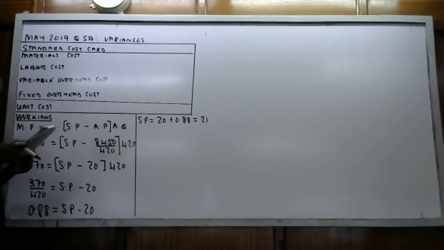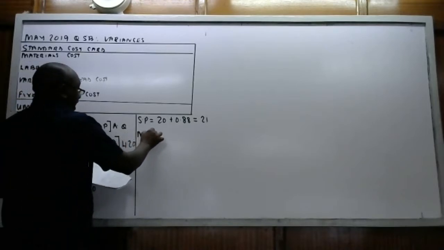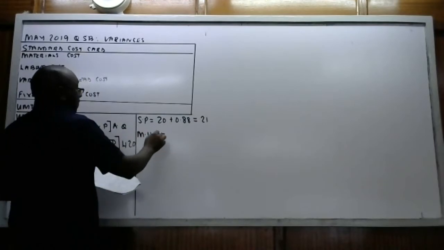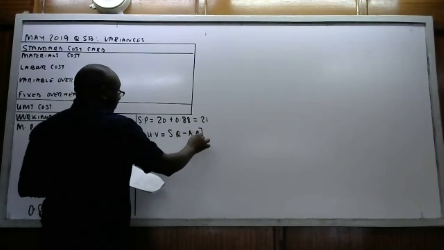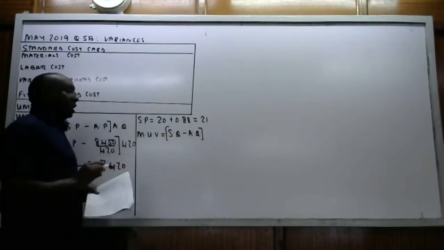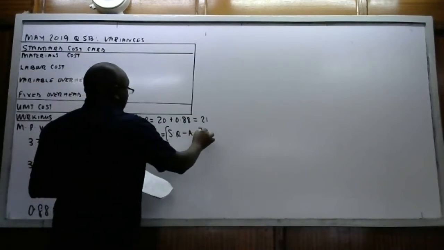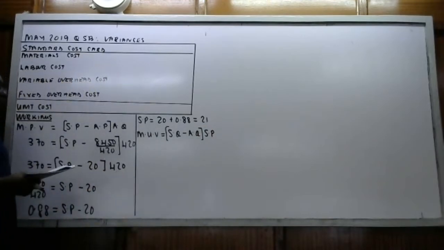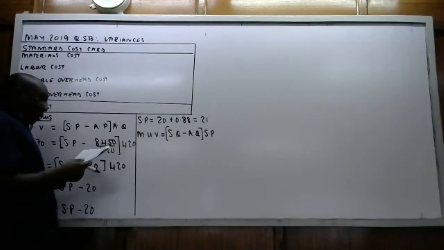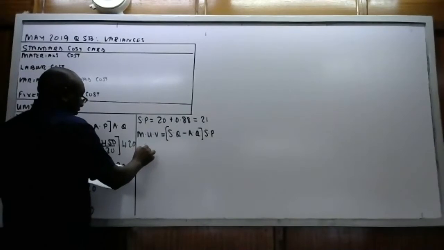Let us go to the next one. Material usage variance. Material usage variance is given as standard quantity minus actual quantity, multiplied by the standard price. We are told this number was positive 252.